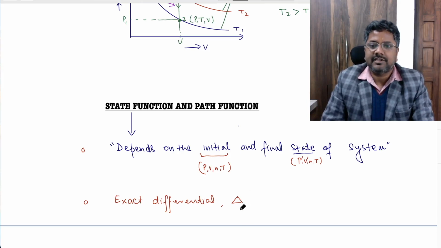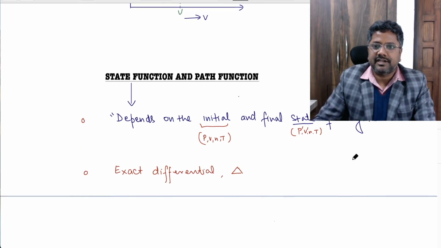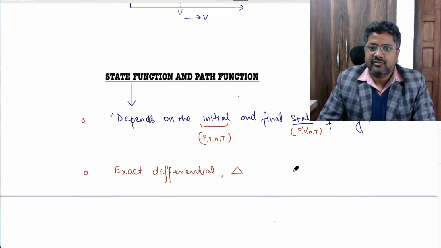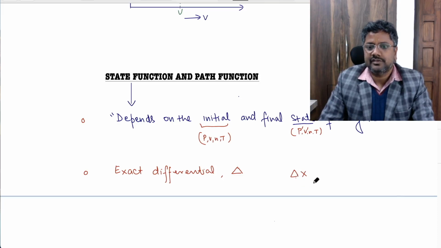Means if any physical quantity is written with this delta, then that is a state function. It is clear, right? So this is the representation. So what is the meaning of exact differential? Suppose a quantity x is written with this, so immediately you understand, okay, this is a state function.